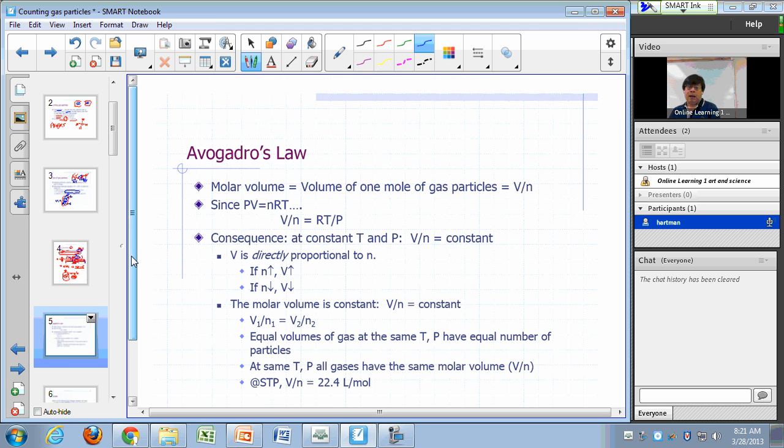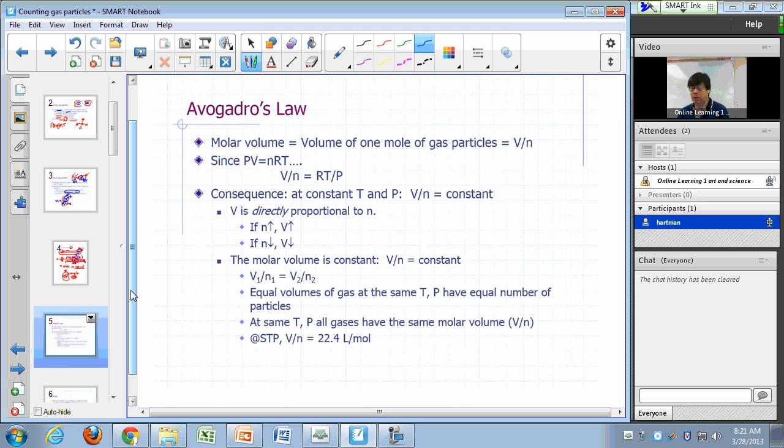All right, let's talk now about what's known as Avogadro's law. Before we mention that, let's define a couple of things. When we say molar volume, that means volume of 1 mole. The molar volume of a gas is the volume occupied by 1 mole of gas particles.